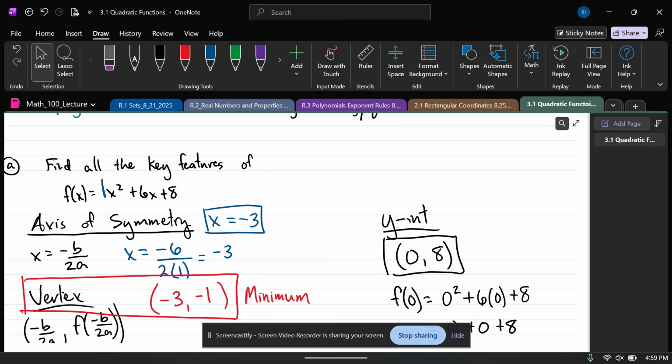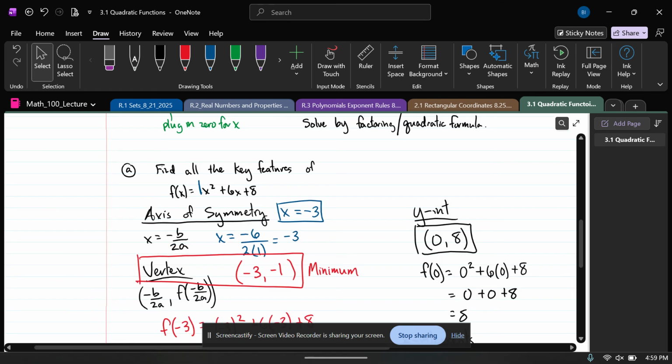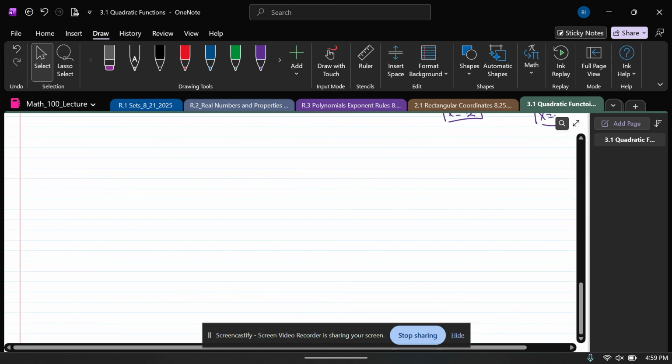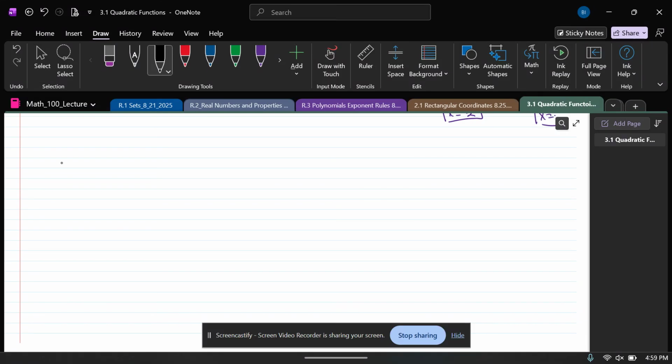Let's talk about the second form that we're going to deal with tonight, and that is called vertex form. f of x equals a(x minus h) squared plus k.